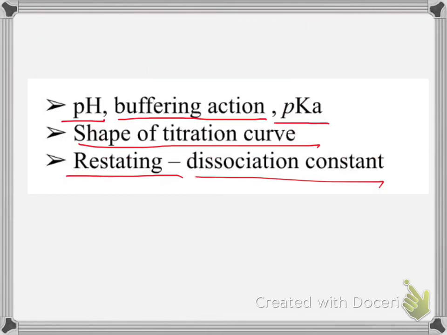So the Henderson-Hasselbalch equation is the quantitative relationship between pH, the buffering action of a weak acid and its conjugate base, and the pK of the weak acid. It also determines the shape of the titration curve, and is useful for restating the dissociation constant of weak acids. This is all about the Henderson-Hasselbalch equation. Thank you.